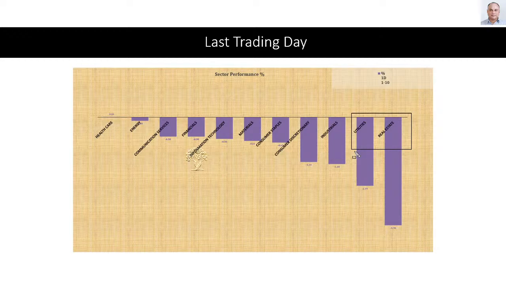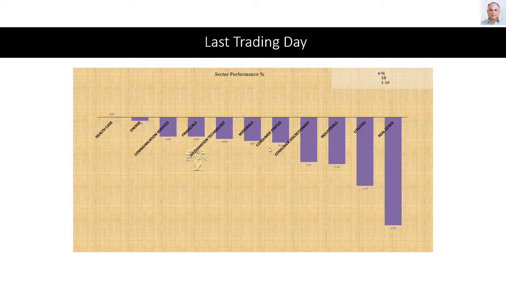Therefore, at least from these sector pictures, we see defensive sectors underperform. Of course, real estate. Where is real estate here? Real estate, yes, utilities, real estate, both underperformed on Friday.